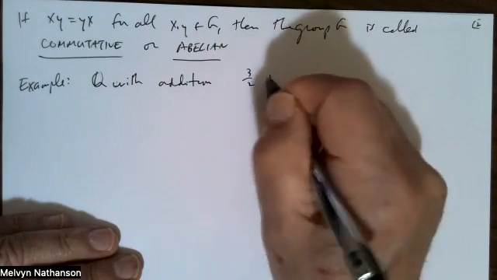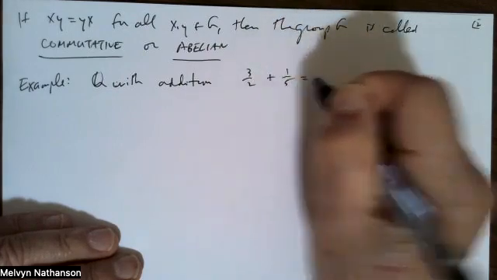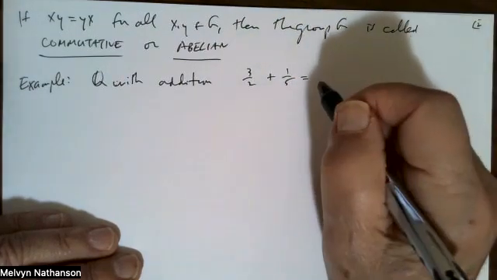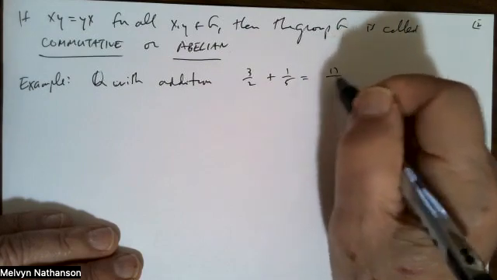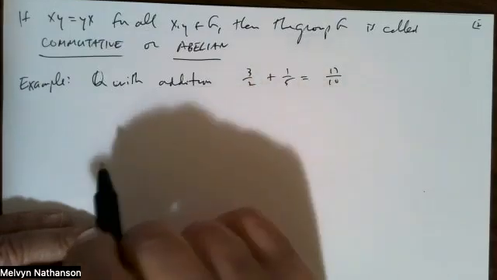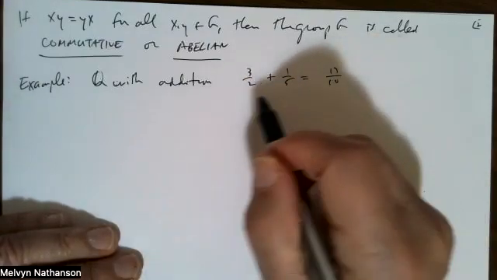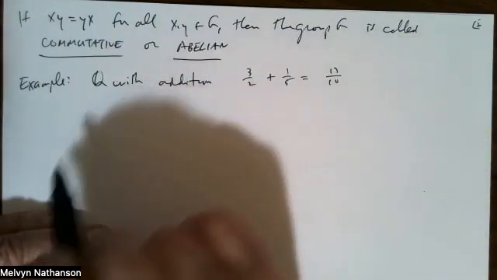So 3/2 plus 1/5, you can add them. What do you get? You get something over 10. You get 15. I think you get 17 over 10. Right. So this is addition in the rationals.